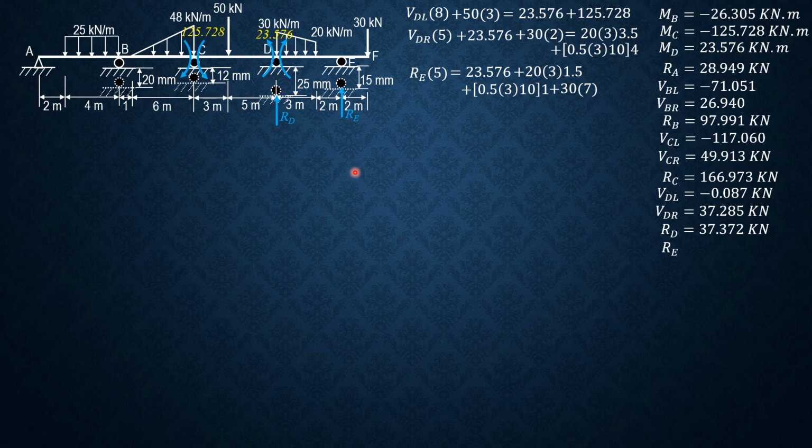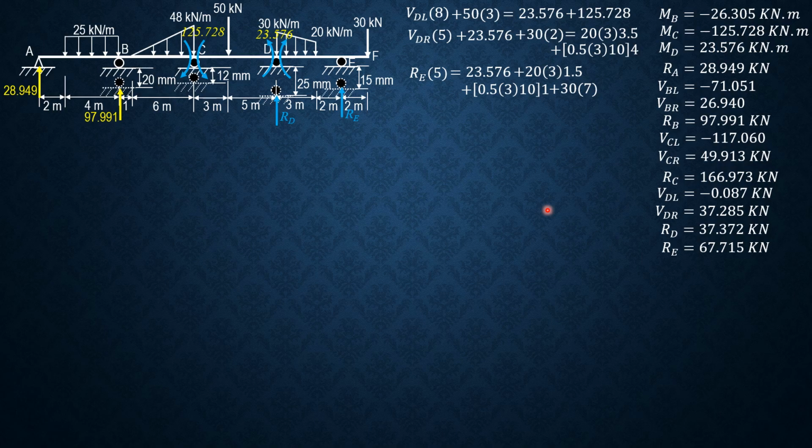So R sub E is equal to 67.715 kilonewtons. So we are now ready to sketch the shear diagram or construct the shear and moment diagrams.